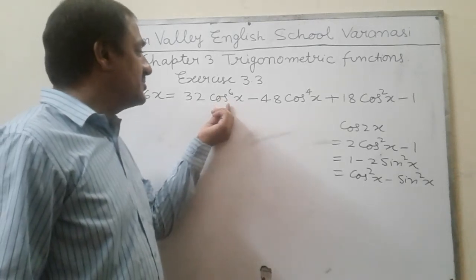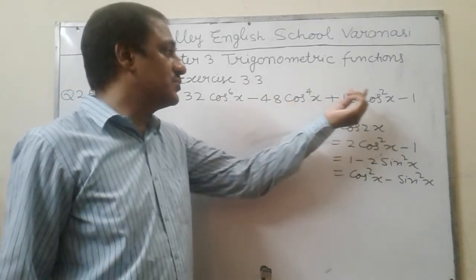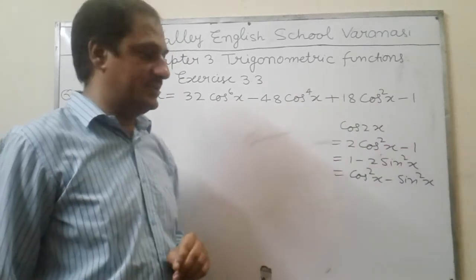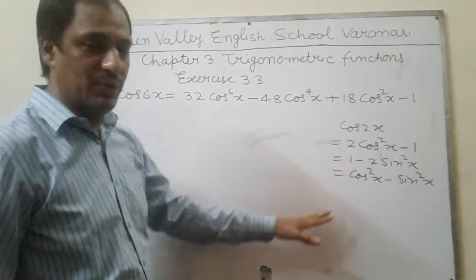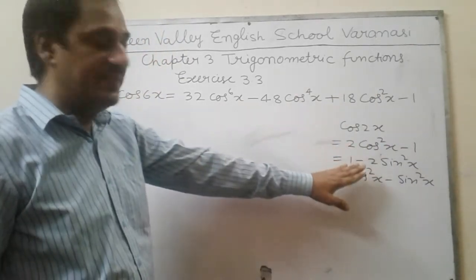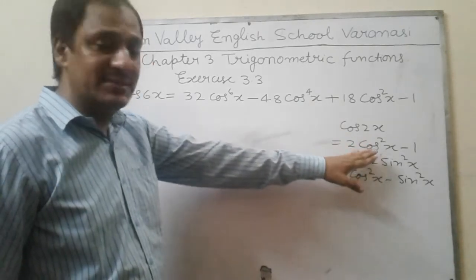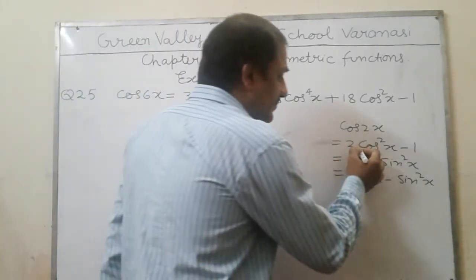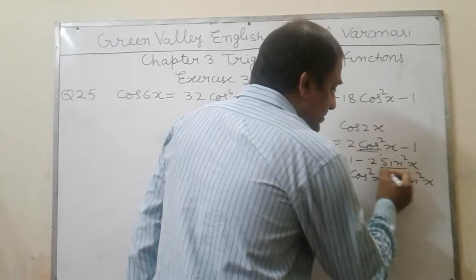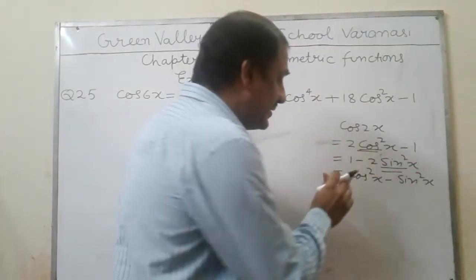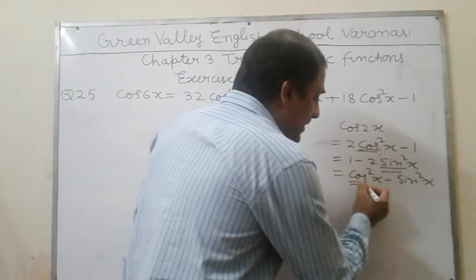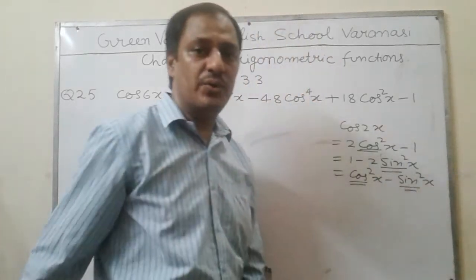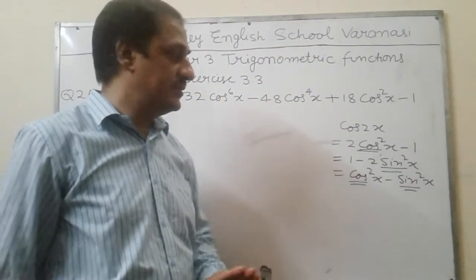Cos to the power 6x, cos to the power 4x, cos to the power 2x. Here we have three formulas. In the first formula, cos square x is given. In the second one, sin is given. And in the last one, cos and sin both.